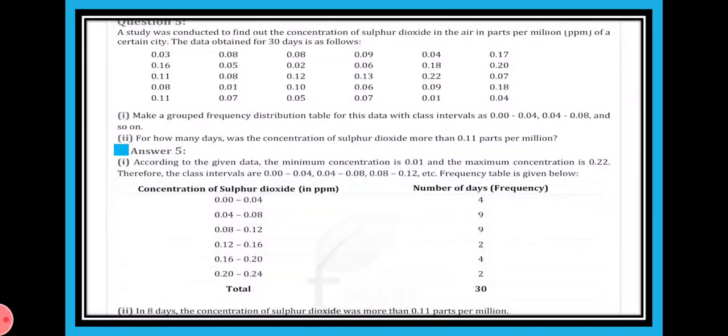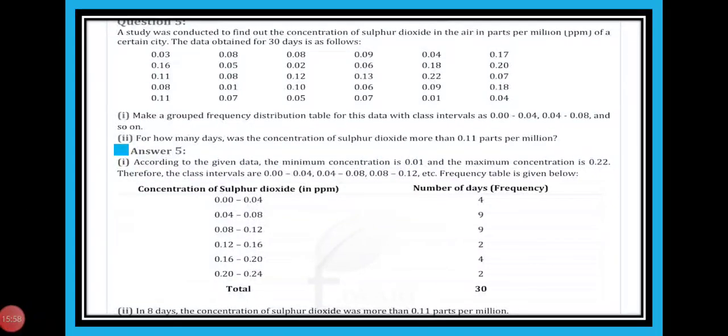For the answer, first let's find the minimum and maximum concentration. According to the given data, the minimum concentration is 0.01 and the maximum is 0.22. Therefore, the class intervals are 0.00 to 0.04, 0.04 to 0.08, 0.08 to 0.12, etc. The maximum is 0.22 and the class size is 4, so we consider the table of 4.